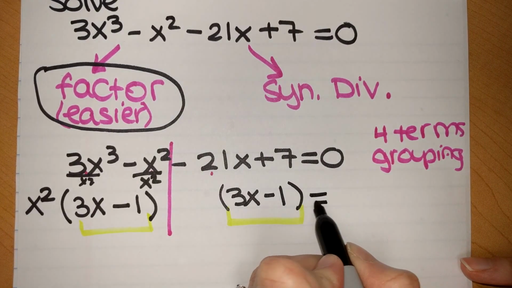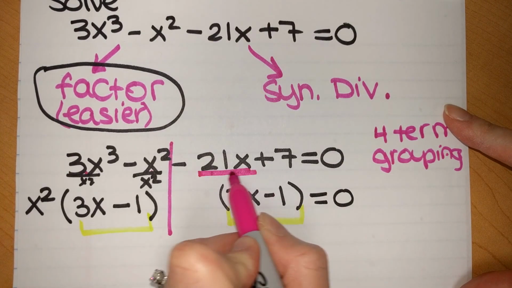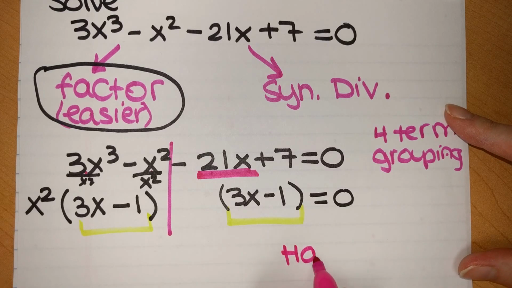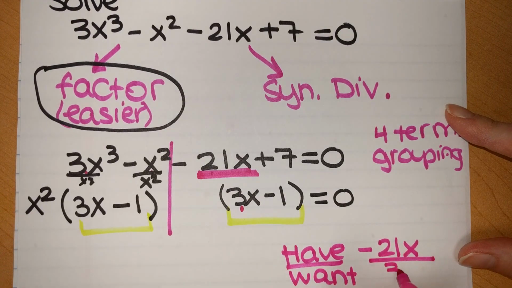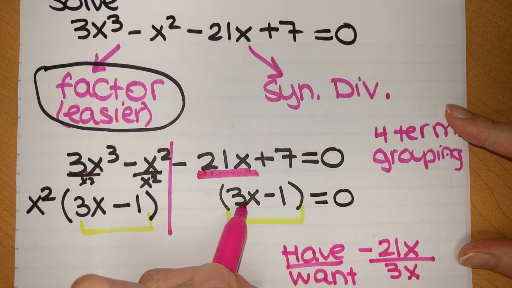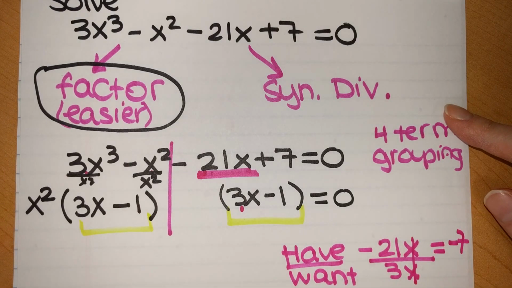If there's ever any question about how to have that happen, you can look at what you have. What I currently have is -21x, and I want to have a 3x. So if I take -21x divided by 3x, that tells us that I need to bring out a -7.